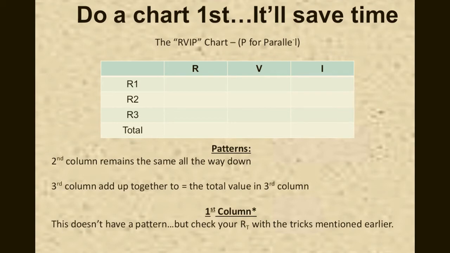And the same pattern from the previous chart still holds true, meaning that the second column remains the same all the way down. That's the voltage. The third column will add up together to get you the total value in the third column. That's your current, or your I. And there's really no pattern for the first column, just like the previous one. But there's a little way to check if your total resistance is true, and that's to remember the trick from what I showed you earlier.